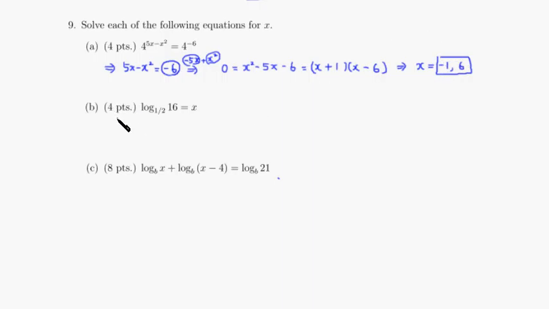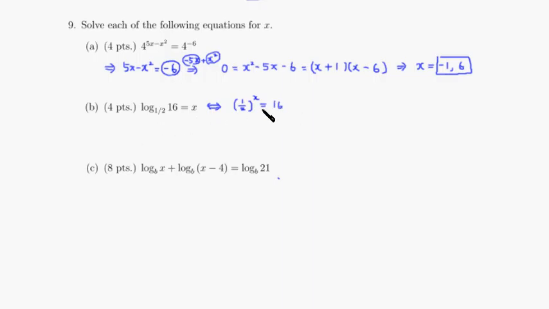Let's do part B. This one, it's hard to deal with the log function, so I'm going to rewrite it in terms of an exponential function. So this is equivalent to the base 1/2 raised to the x is equal to 16.